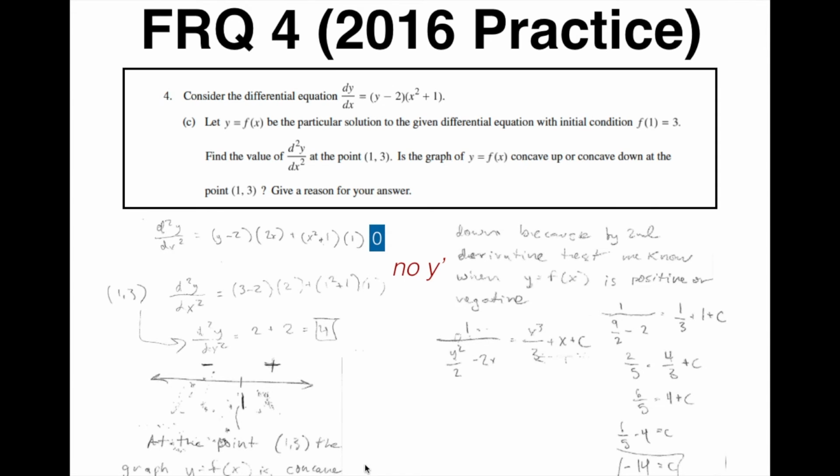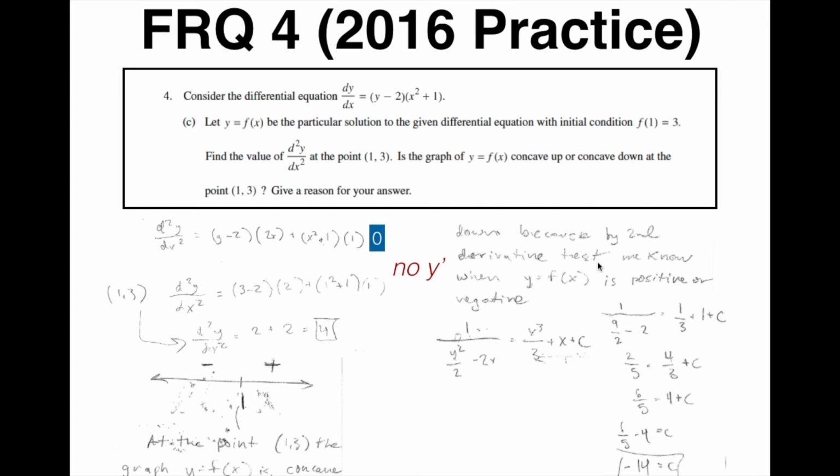Everything else the student does is a bit confusing, and I think it's better not to talk about it. In fact, it looks like the student is using the second derivative test. This is what I read here, second derivative test. That's completely unrelated, again, just like student B doing things that are unrelated. When do you do the second derivative test? You do the second derivative test when you've identified a place where there's a maximum or a minimum.